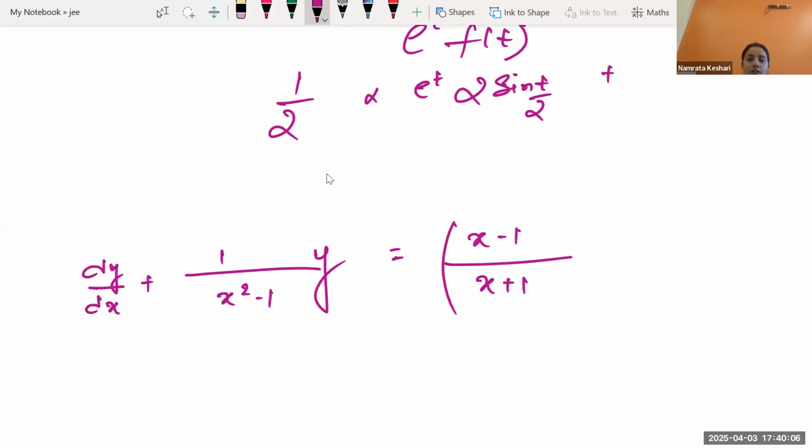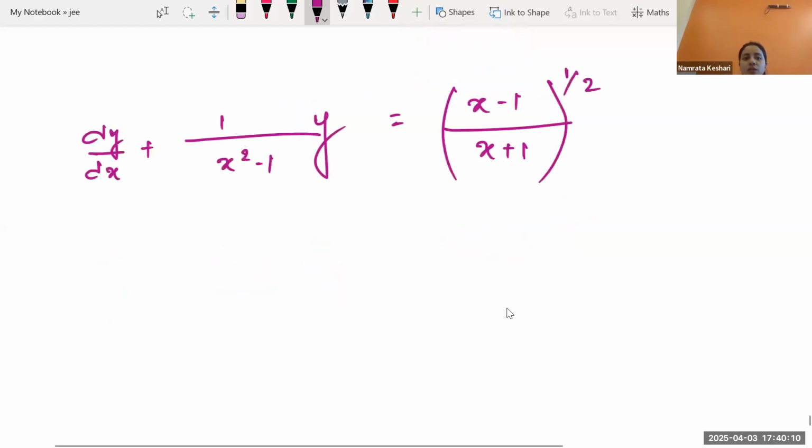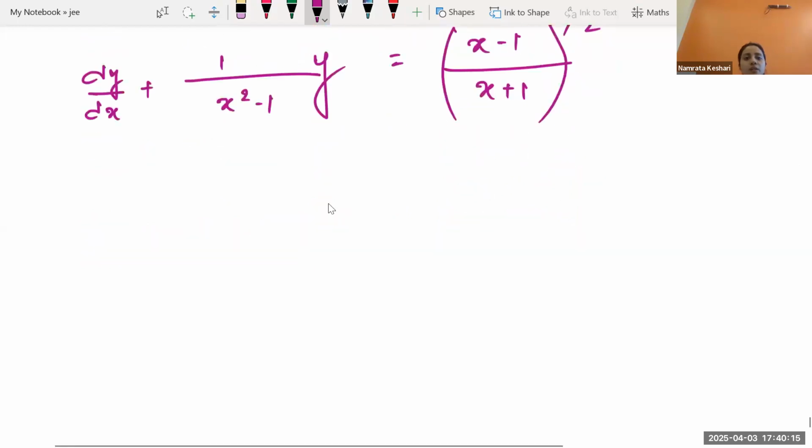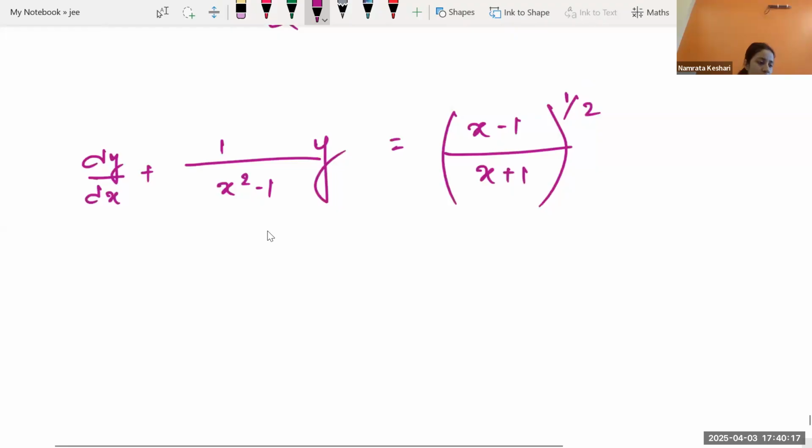Again, we are having a linear differential equation, so we will be able to do it by finding the integrating factor. Let's take another question.